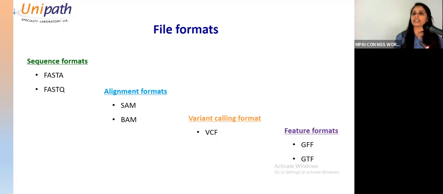It is basically the address of all the genes. It gives you information about which chromosome and which position a gene belongs to, where the exons are located, where the introns are located. So it's basically the address of all the genes which are present in the particular genome.